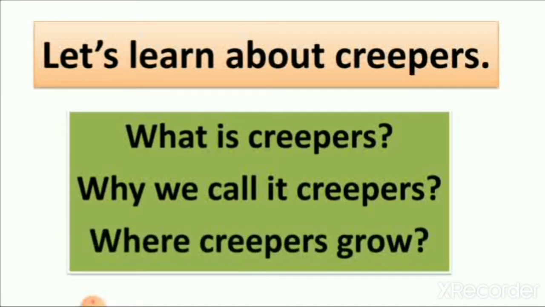So creepers are a type of plant which also grow like climbers, trees and many other plants. But we divide plants into different types by their stem or their fruit or their leaf or many other things. So from that, today we learn about creepers.